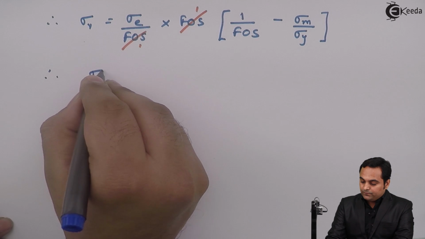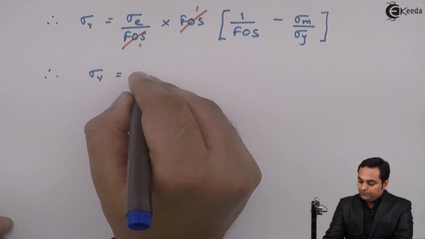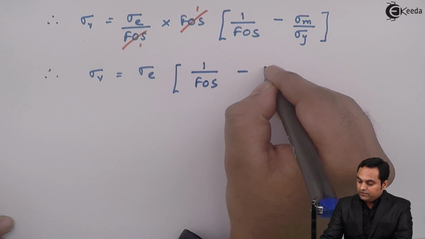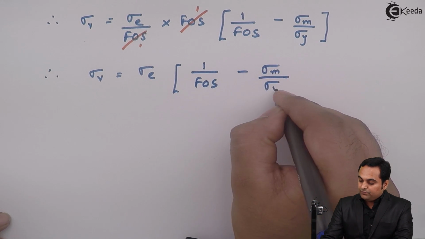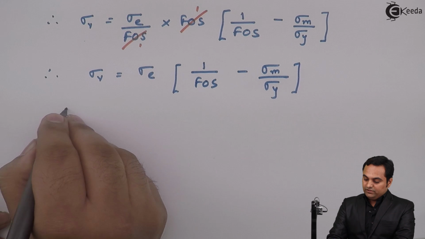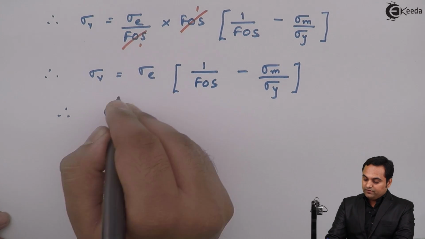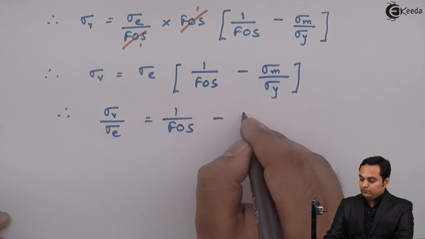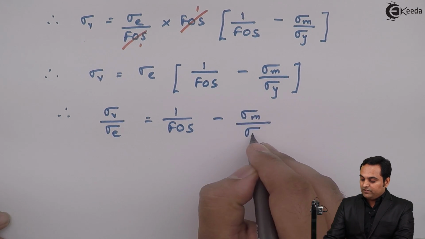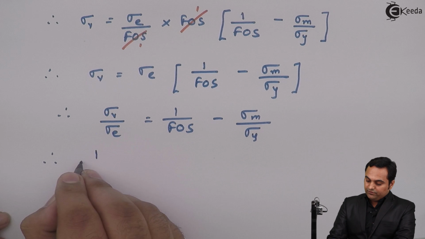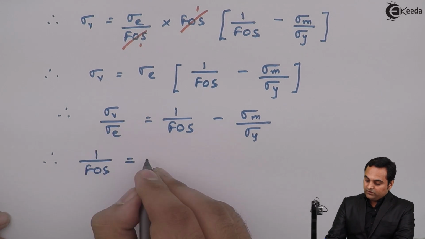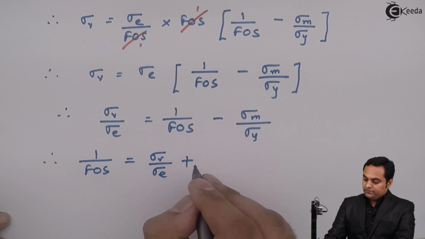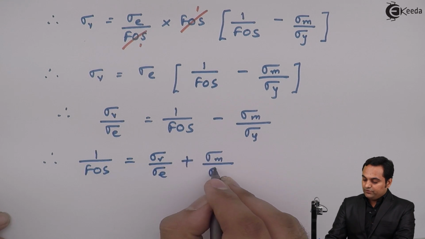So therefore sigma v is equal to sigma E into 1 upon FOS minus sigma m upon sigma y. Therefore on simplification sigma E will be here. We have 1 upon FOS minus sigma m upon sigma y. So therefore 1 upon FOS will become sigma v upon sigma E as it is. This term sent onto the other side becomes positive.